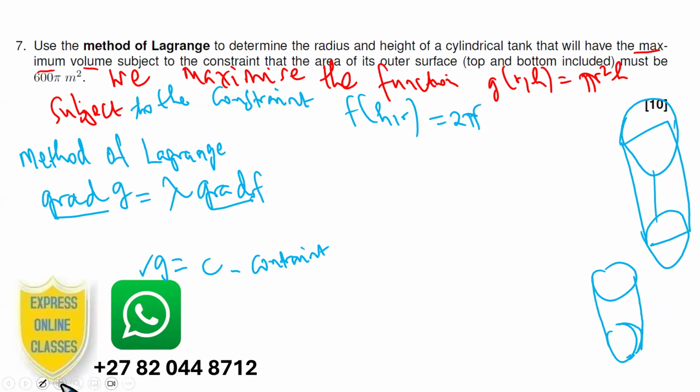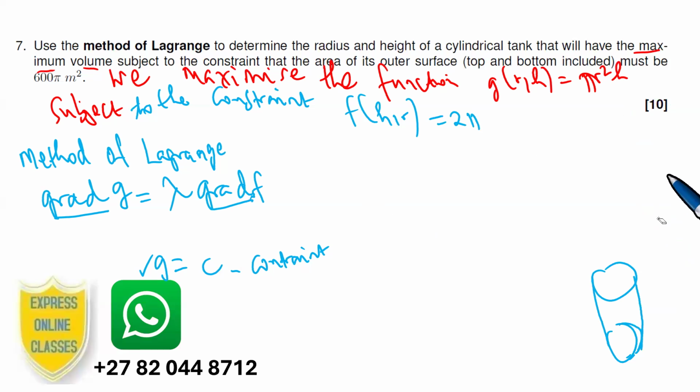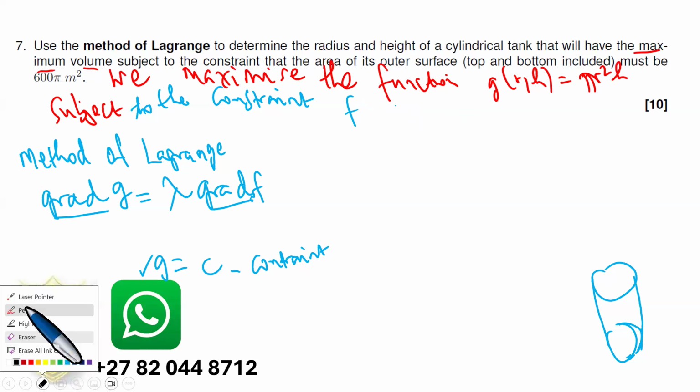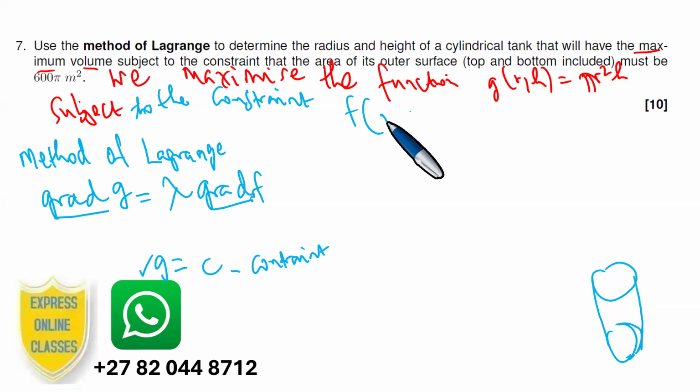Can you please clarify, is it f as a function of h, comma r, or l? Let me just be consistent. It doesn't matter because these are dummy symbols. It's r, h. Let's keep them the same.